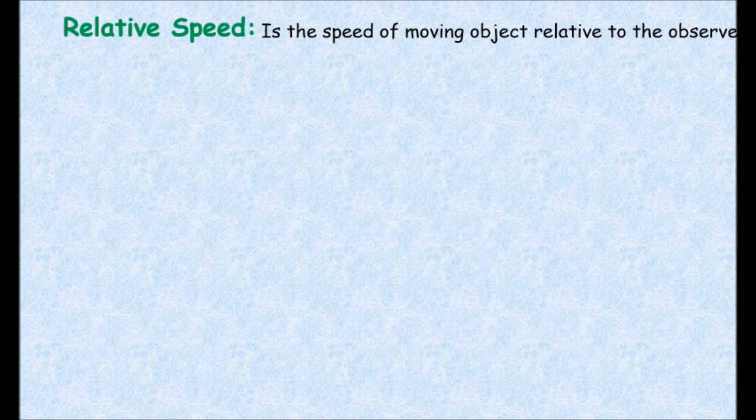Relative means related to another person that observes or sees the moving object. The relative speed is the speed of the object, but it's not the actual speed; it is the speed related or according to the observer that will notice or observe the motion.